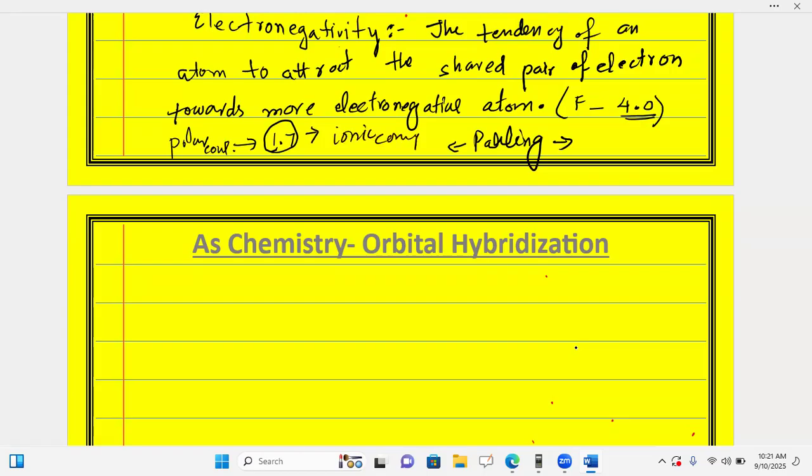For example, cesium fluoride is the compound which has 92% ionic character, the strongest ionic compound in nature.